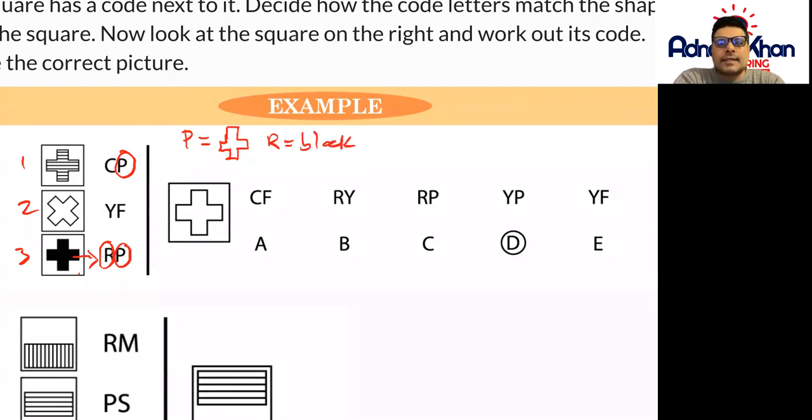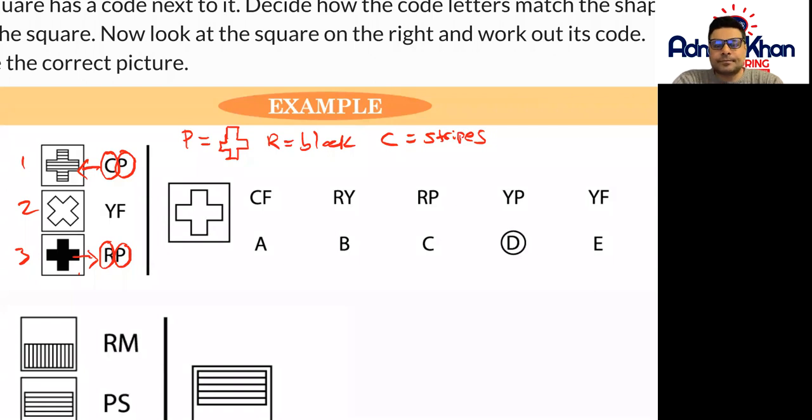Now C at the top probably stands for a stripy shape. So let's put down here C stands for black stripes. Let's just put down stripes. Because we know that P is the addition 3D type of sign, whereas R stands for a black sign and C stands for stripes.